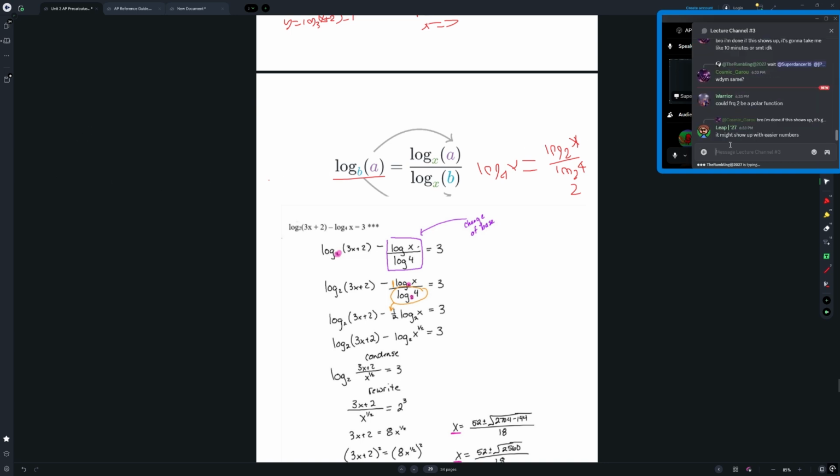Could FRQ2 be a polar function? Oh wait, FRQ2's instructions say a non-periodic function, a non-periodic function in context. So any function that's non-periodic can show up on FRQ2.